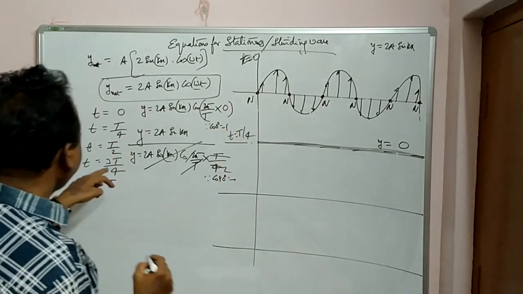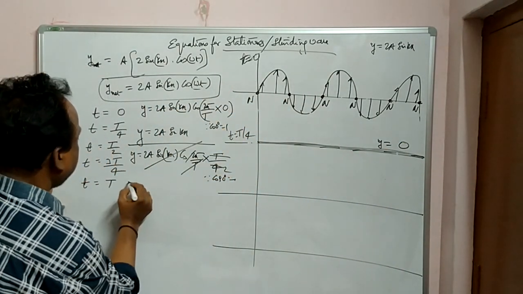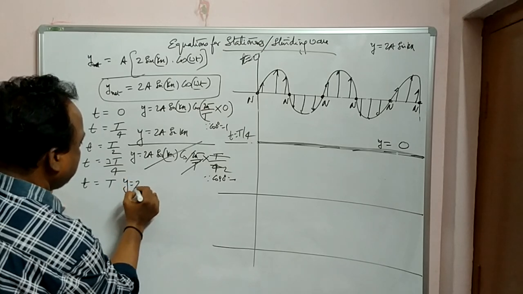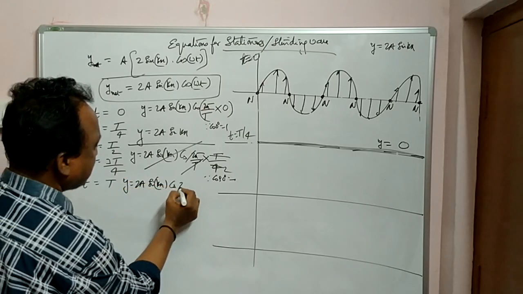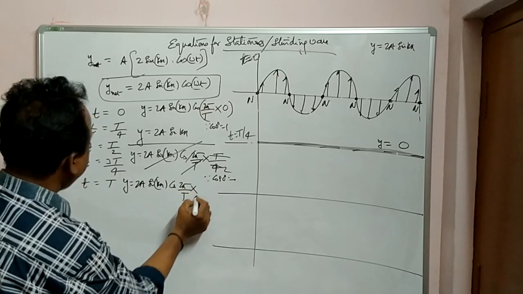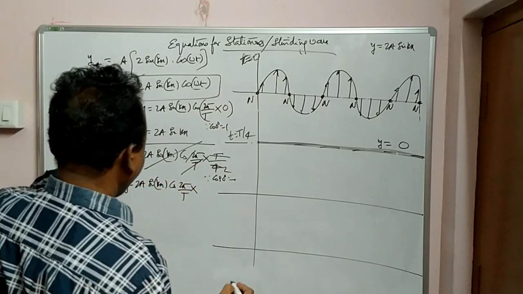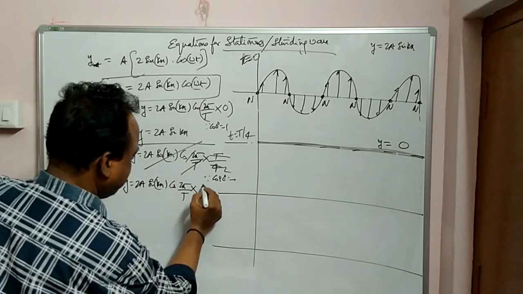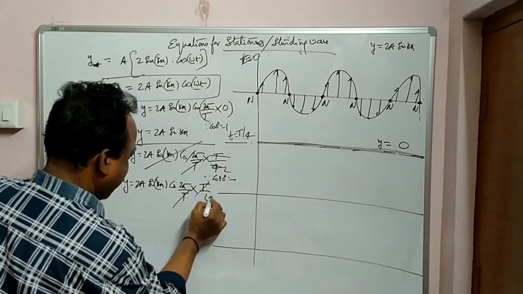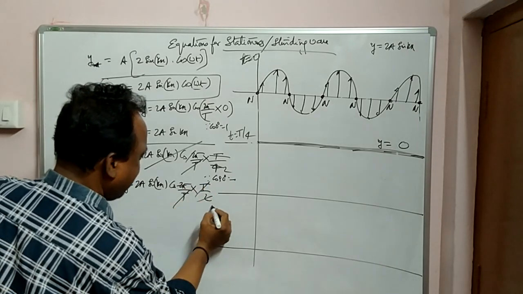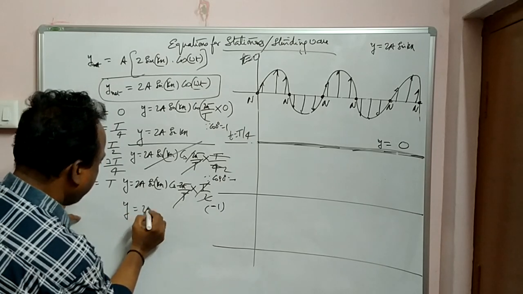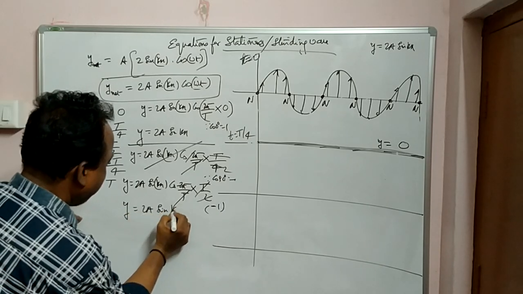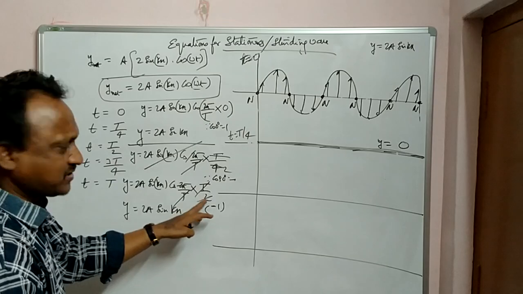Same way, come to the next one. Y is equal to 2a sin kx cos 2 pi by t into, earlier what did we put, t by 4. Now put t by 2. T cancels, cos pi is minus 1, so y is equal to 2a sin kx cos 180, which is minus 1.